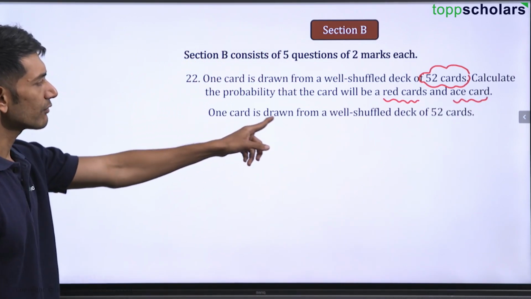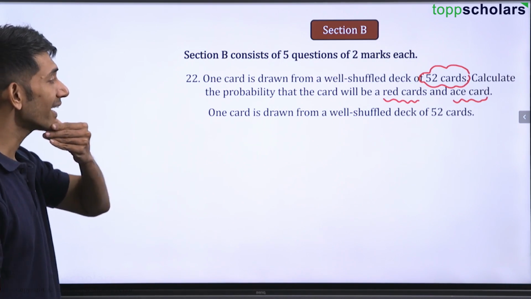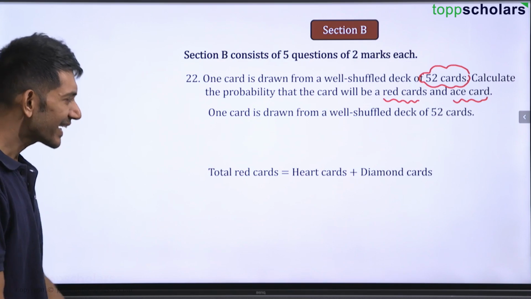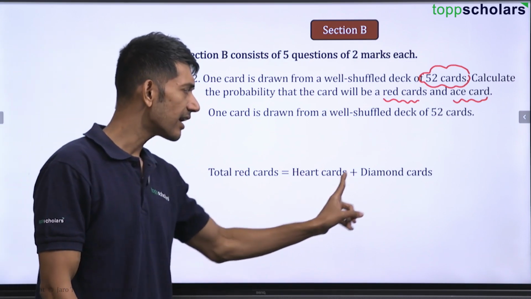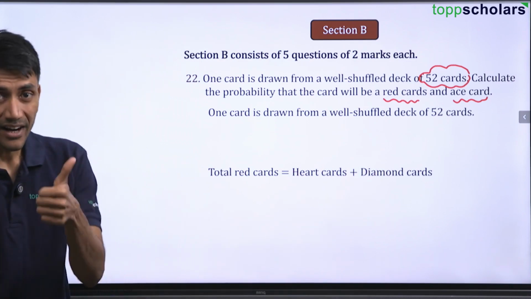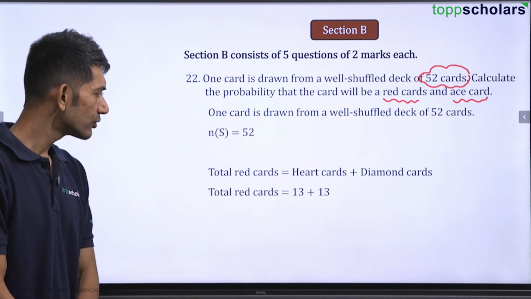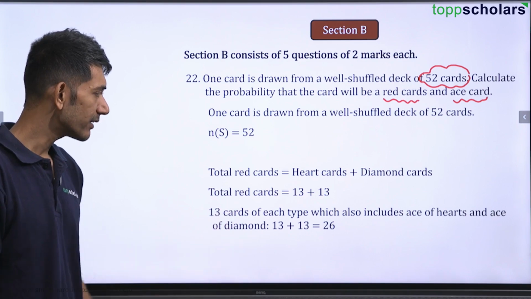Now one card is drawn from a well shuffled pack of 52 cards. How many red cards are there? See, when I talk about red cards, can I say the red cards are heart cards and diamond cards? Heart cards are 13, diamond cards are 13. So 13 plus 13 is 26.